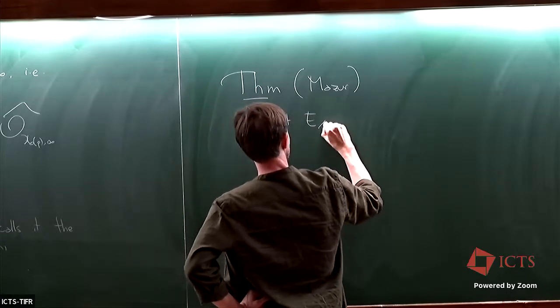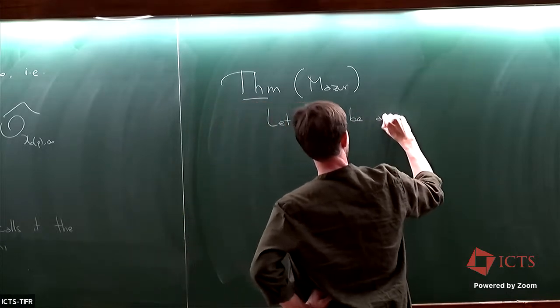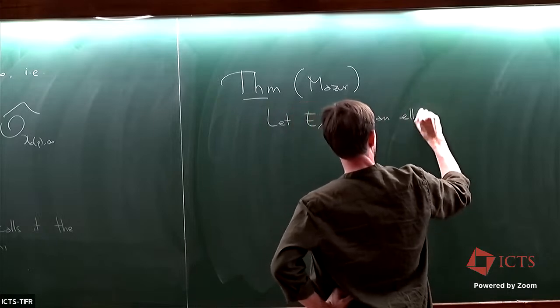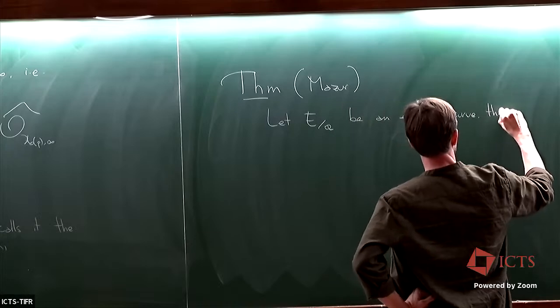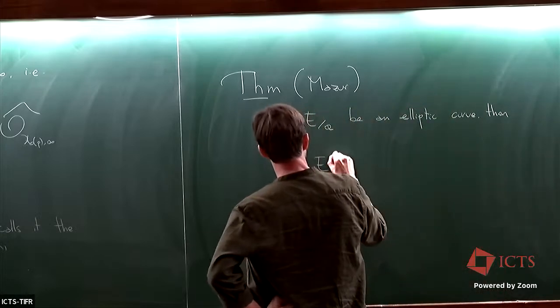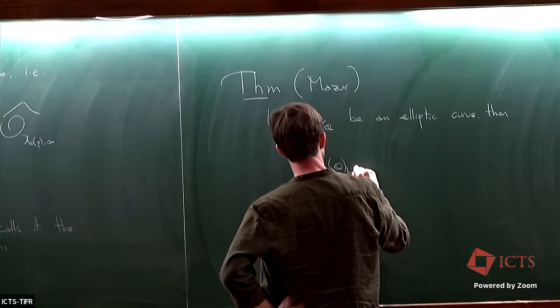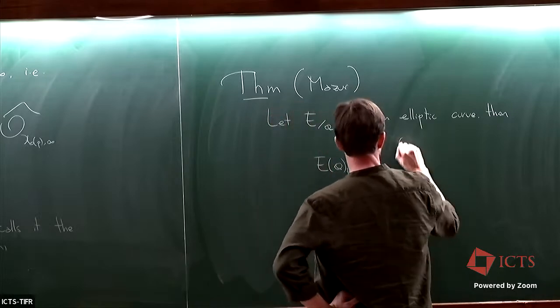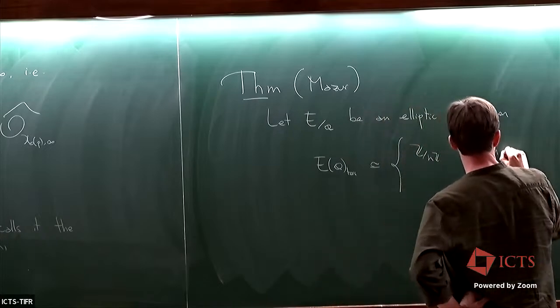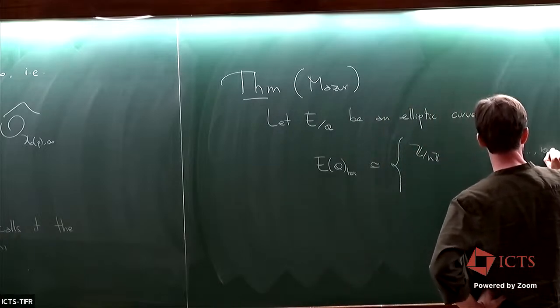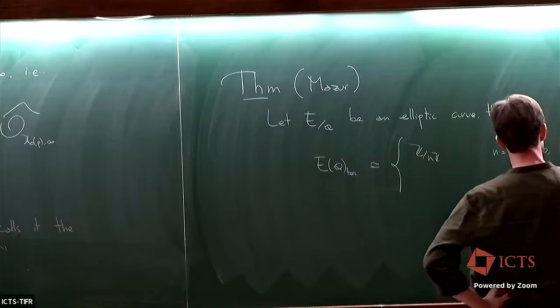But let E over Q be an elliptic curve. Then if I look at its torsion subgroup, it's isomorphic to Z mod NZ, where N is 1 all the way up to 10, 11 not possible, we already proved that.